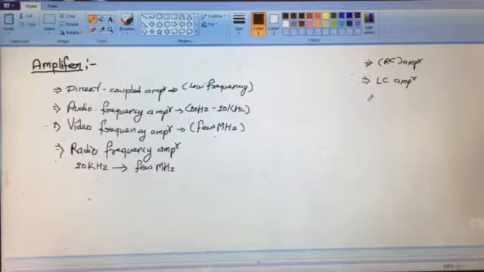This is also known as LC coupled amplifier. And when we use an electronic device to make our amplifier, in that case a transistor is used, so the amplifier is known as transistor amplifier.